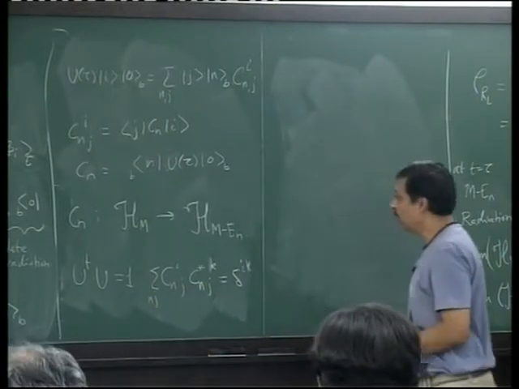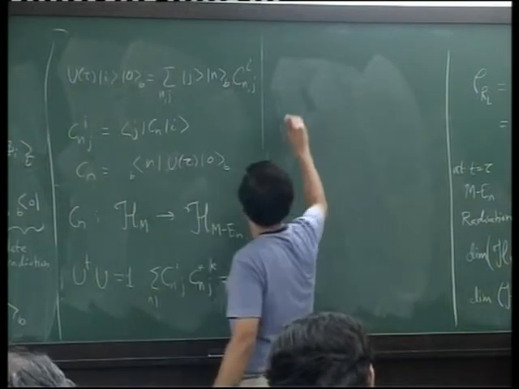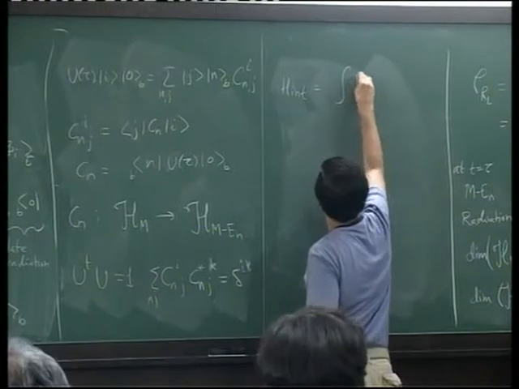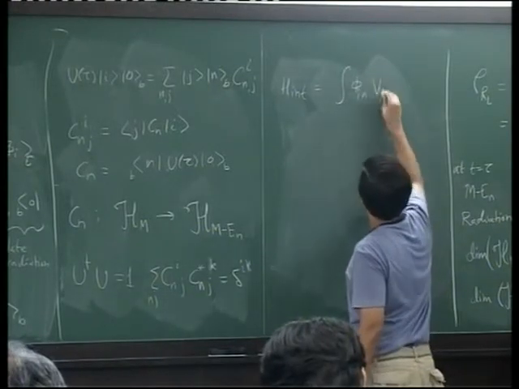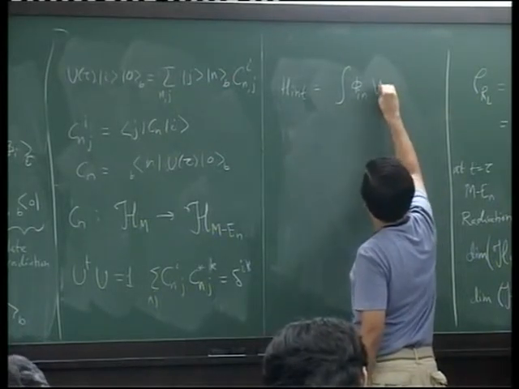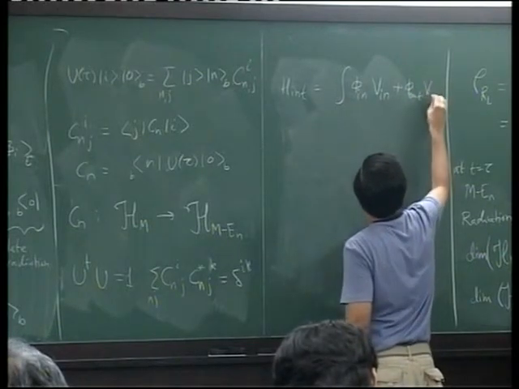Okay. So one could try to write down this H interaction in some form. Although I am not going to write it, this is very speculative, but you say there is an ingoing mode or the radiation times some operator V, plus an outgoing mode and some other operator.